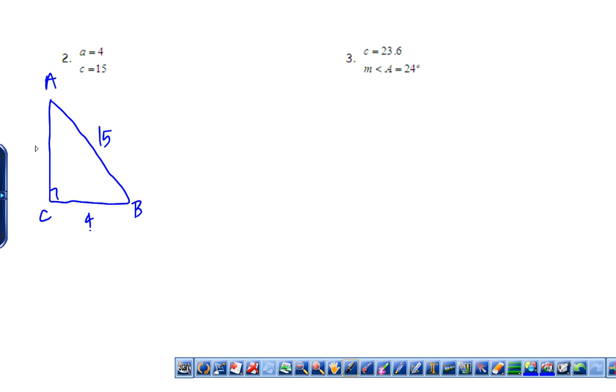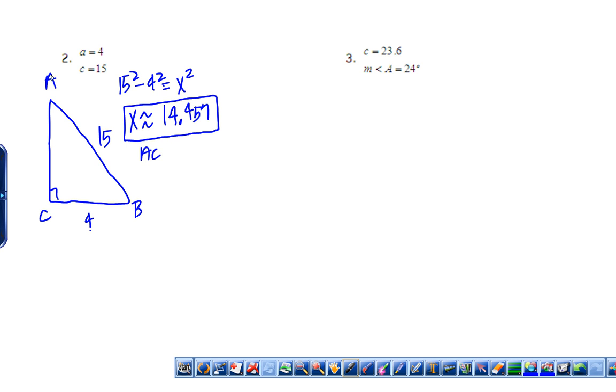So let's go ahead and find little b, and you can use Pythagorean from that, which would be really easy. So 15 squared minus 4 squared gives you your unknown. And this is going to be approximation. It's going to be 14.457. And this is AC.